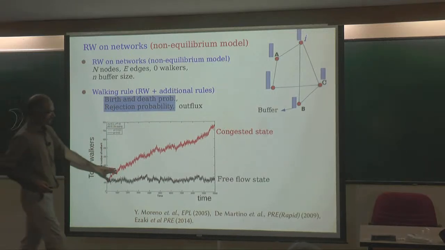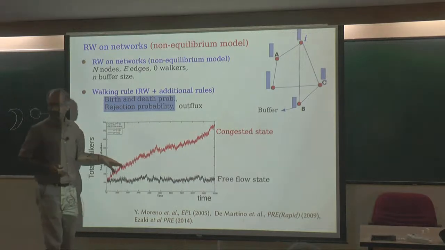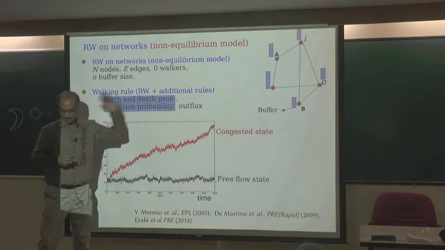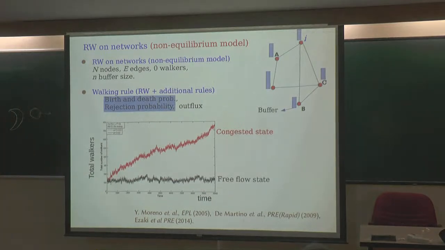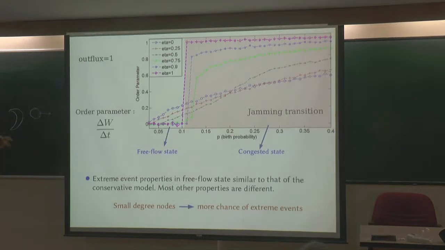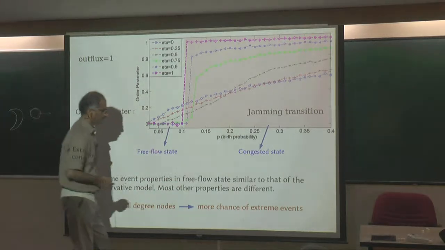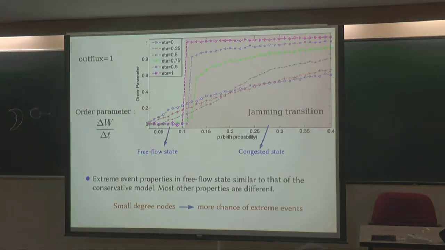On the other hand, you can't really define even an extreme event in the congested state, because it's already something where the number of walkers is increasing with time. So even in a non-equilibrium model, the result of an equilibrium model actually works well, especially this central property that small degree nodes have more chance of extreme events.